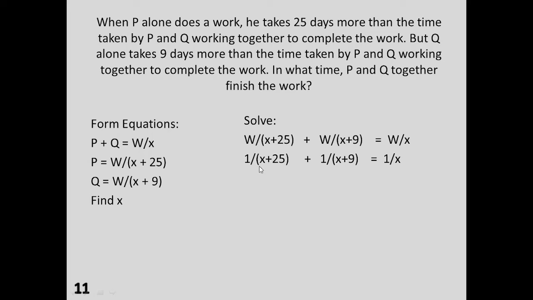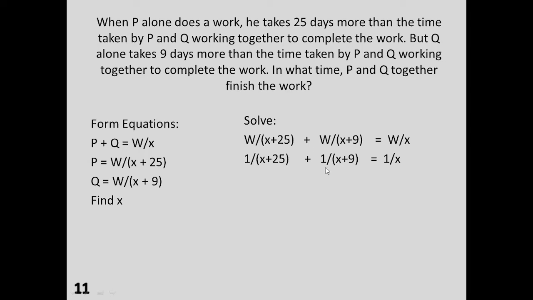Since the denominators are different, we need to take the LCM, which is X plus 25 into X plus 9. Now in order to add these fractions, the denominators need to be the same. So we multiply this fraction by X plus 9 in both numerator and denominator, so that we get X plus 9 in the numerator and X plus 25 into X plus 9 in the denominator.